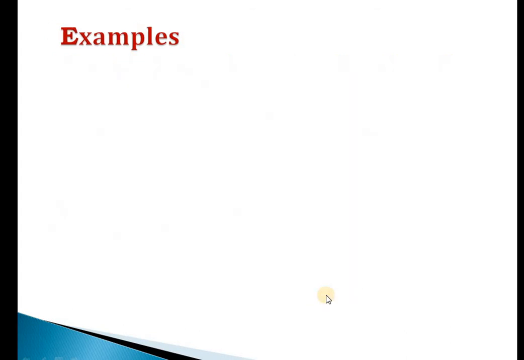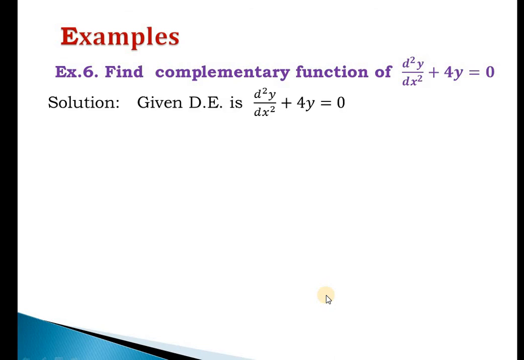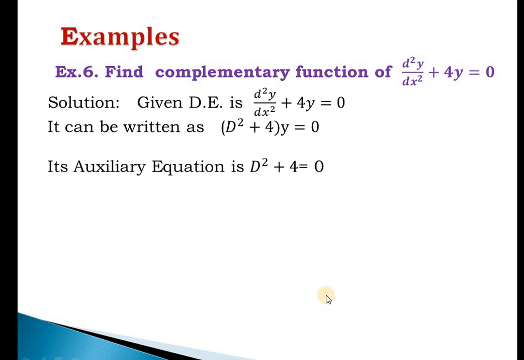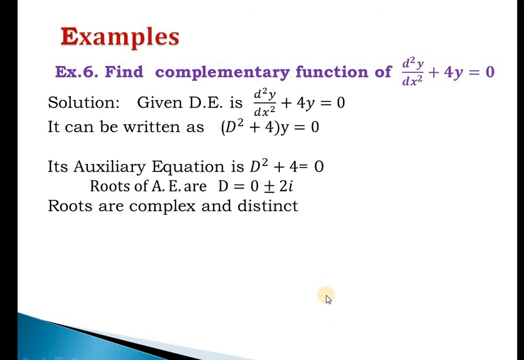Next, the constant-coefficient equation d2y by dx square plus 4y is 0. So the auxiliary equation is D square plus 4 is equal to 0. The roots of this equation are D is equal to plus minus 2i, that is 0 plus minus 2i. So the roots are complex and distinct.